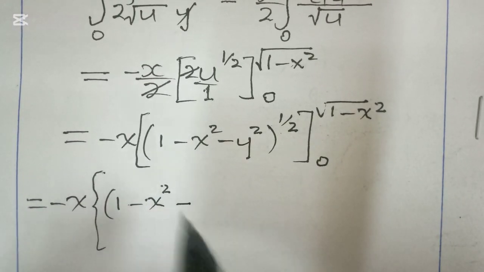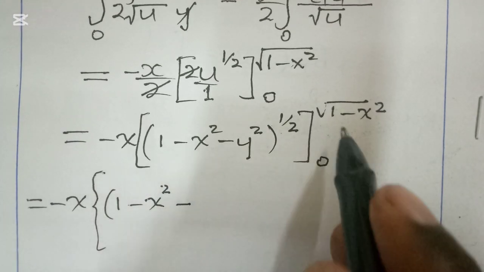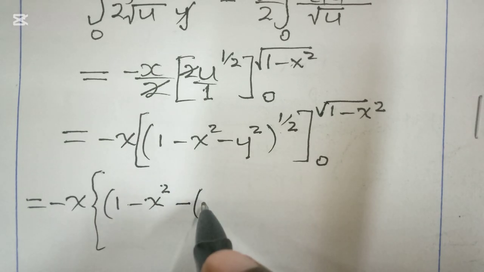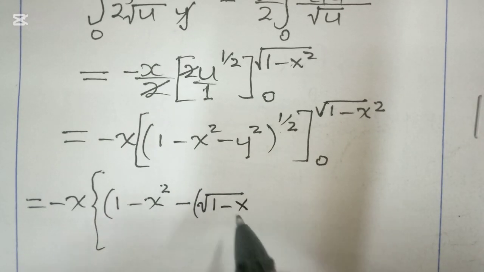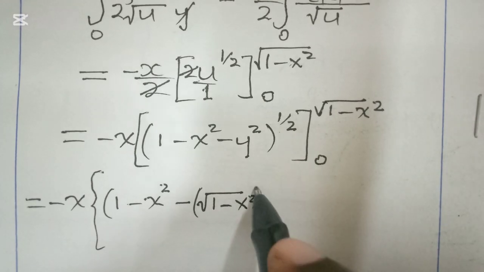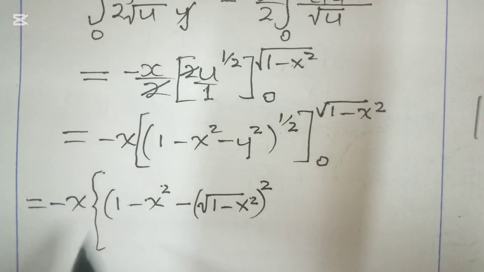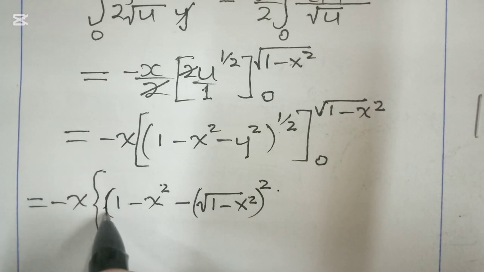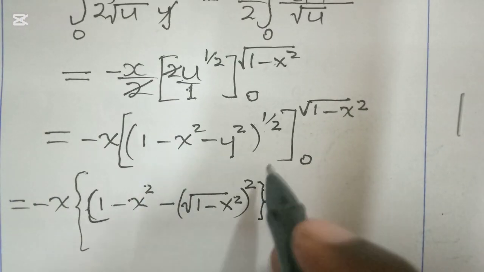So minus the y here is squared, but the y now is what we are replacing with that. So you have square root of 1 minus x squared, then we square because the y is squared, like that. Then we can put a small bracket there, like that. And this one is raised to a half.